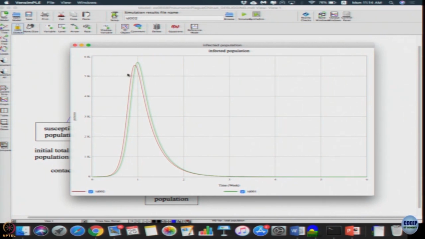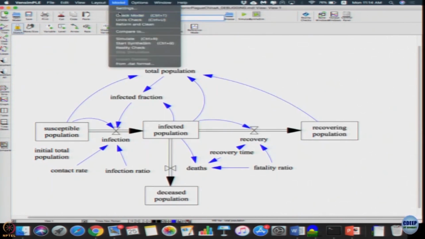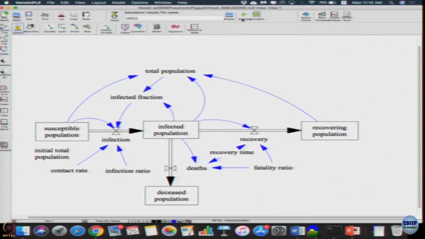So let us do one more. Let us do an ID 3. Let us look at settings. Let us further reduce it to the smallest one possible, at least in Euler method. Let us run it.